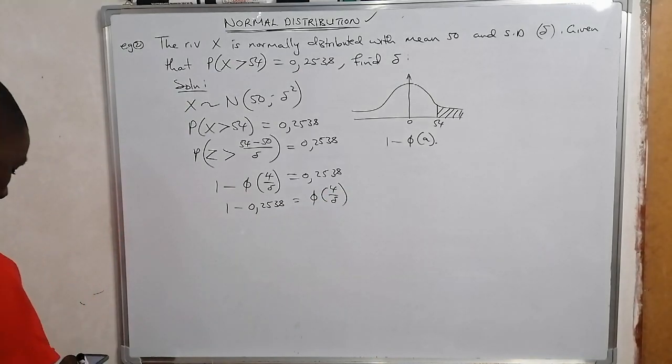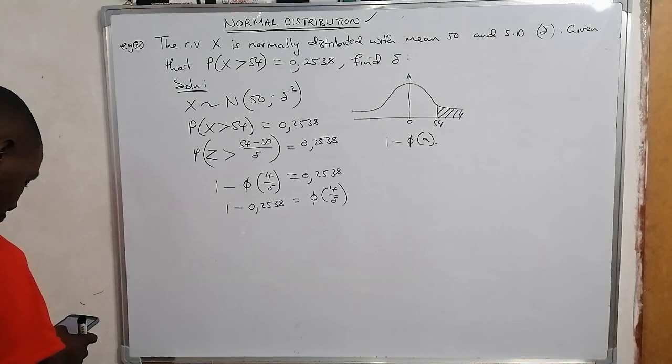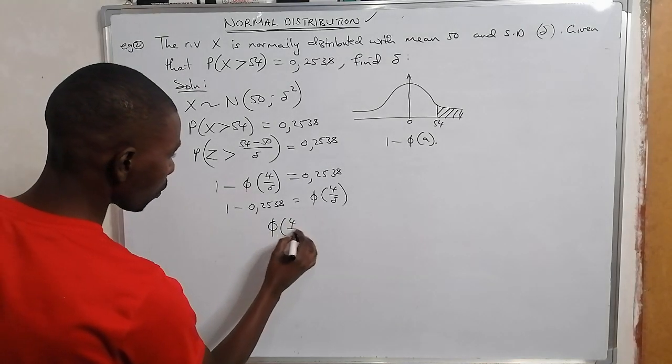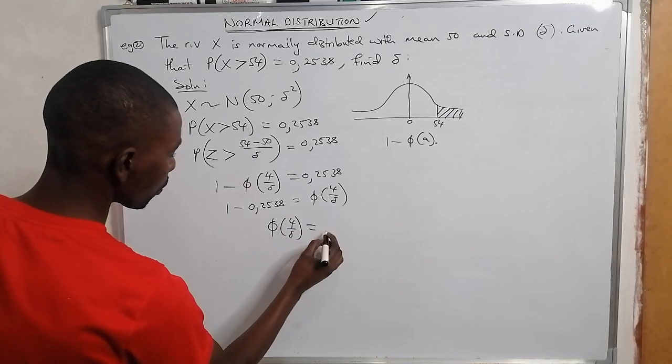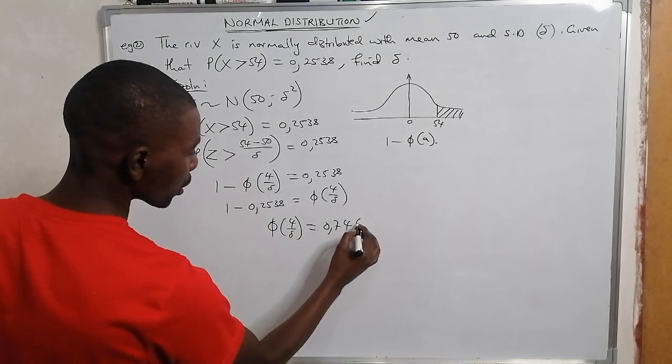Subtracting 1 minus 0.2538, we get 0.7462. Therefore phi of 4 over sigma is equal to 0.7462.